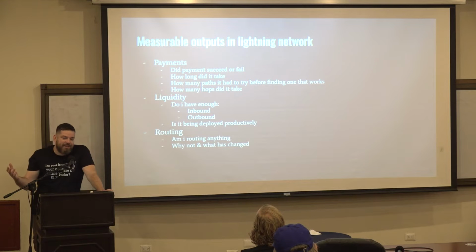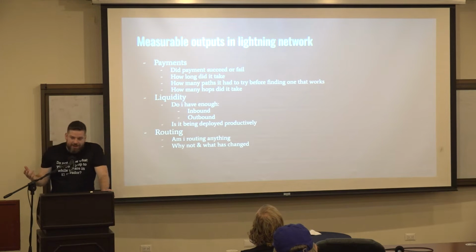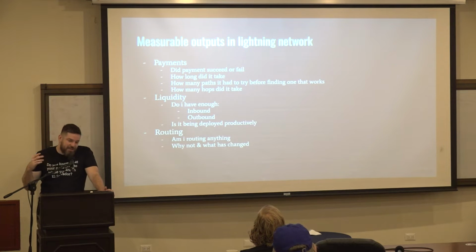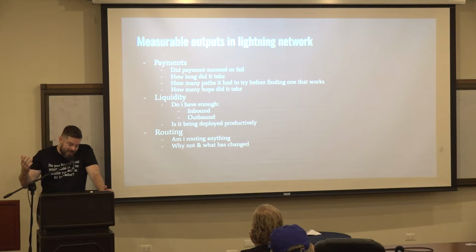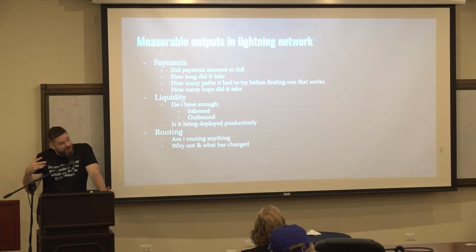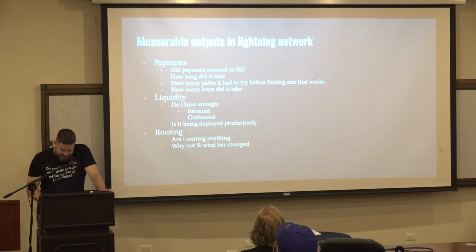Am I routing anything, if I'm a routing node and that's my primary idea? Or did it recently stop? Why did it stop? Did anything change around me, or did my peers lose some capacity, things like that? Those are all the outputs or data points that we want to follow and measure, so we figure out what's happening in the space around us.